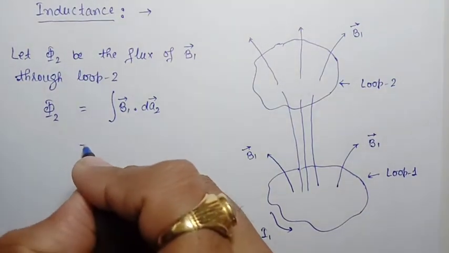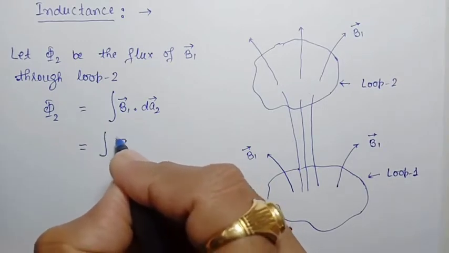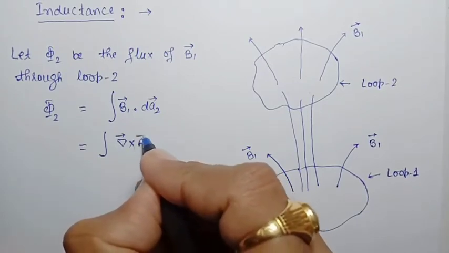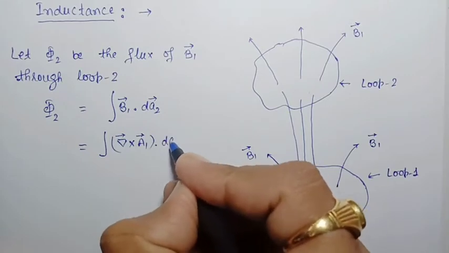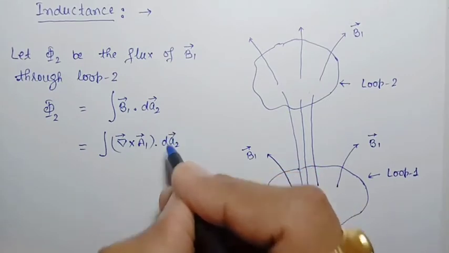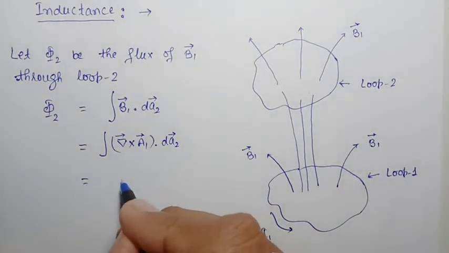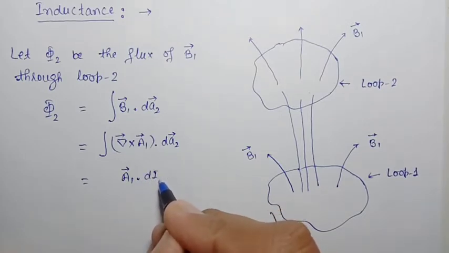In terms of potential, we can write curl of the vector potential dot dA2, or we can write A1 dot dl2.